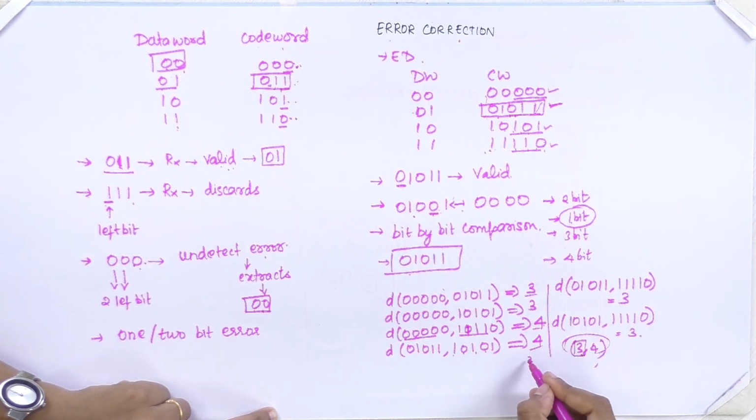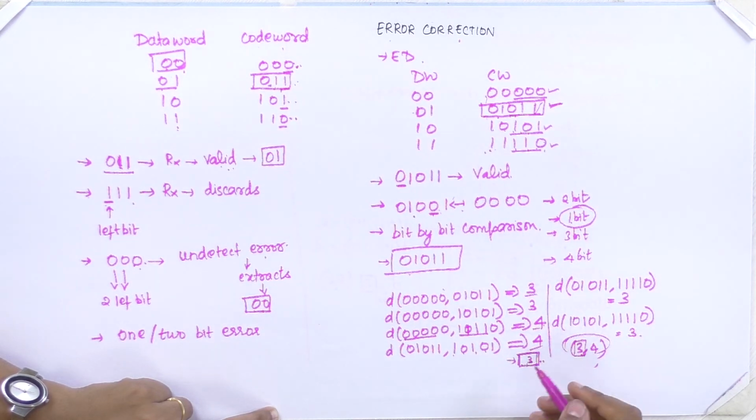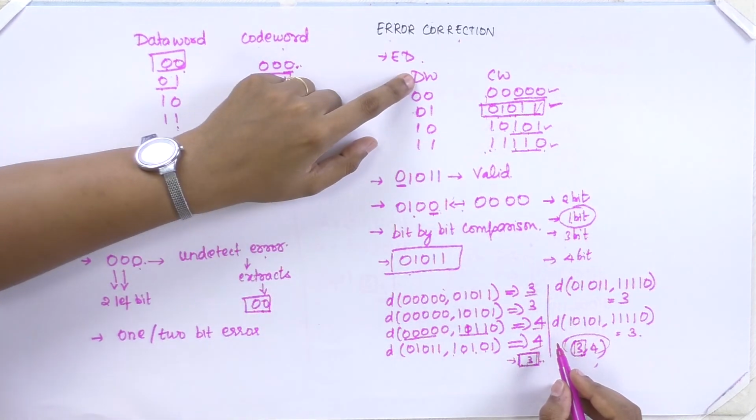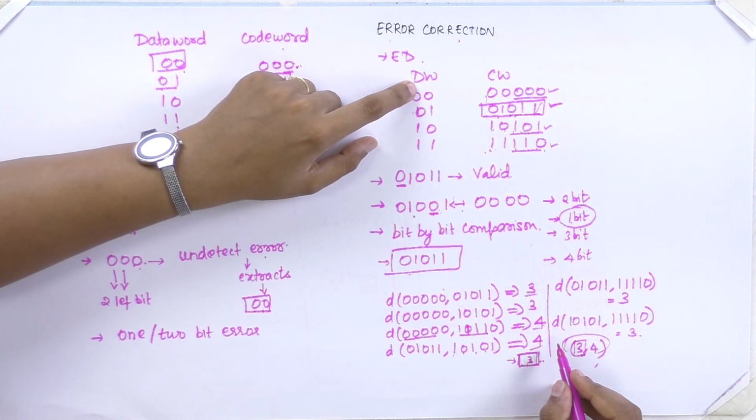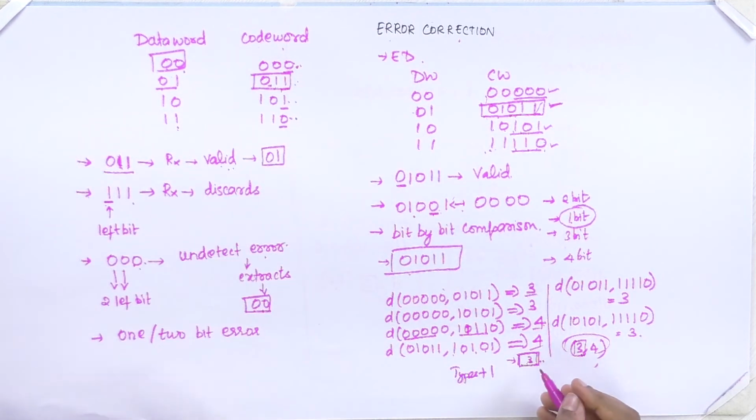So I will suggest that there is a possibility of 3 errors occurring in whatever data you receive. So if my error is 3, the maximum data word length should be, it should be the number of errors plus 1.